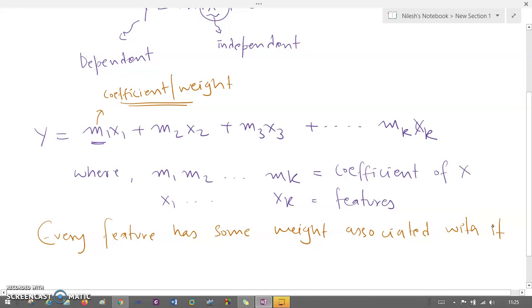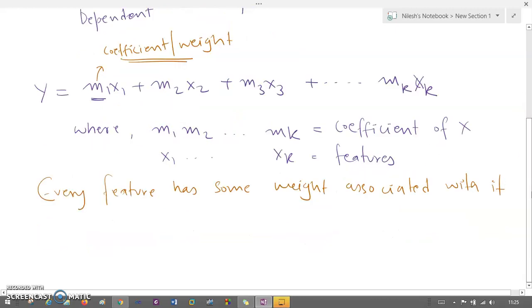Based on this weight, your feature is going to vary. So how can you compare one feature with another, like your x1 feature with your x2 feature? According to the weight. If m1, that means the weight, is greater than m2, that is, if the coefficient value of m1 is greater than m2, what does it resemble?